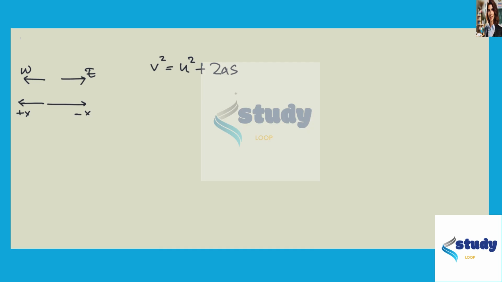One is the work energy theorem, and the second one is using kinematics. Here, I'm going to use kinematics because I think that this method is relatively shorter than the work energy theorem method. So, yeah. This is the equation that I wrote down using kinematics.